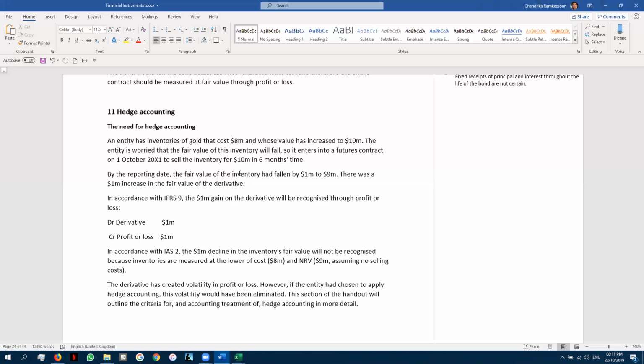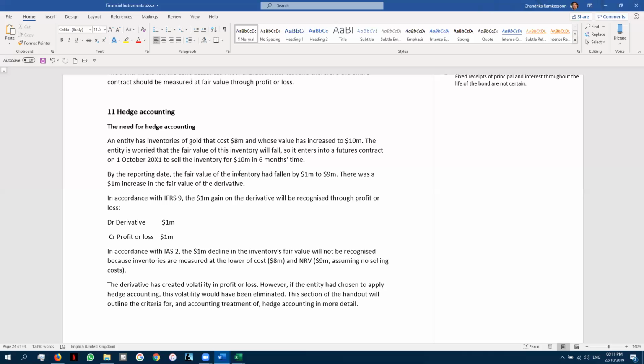But what we are dealing with here is hedge accounting. Now this takes it a bit further. One thing I'll tell you though, if hedge accounting is applied, it may actually go outside the scope of certain standards, as you will see shortly in an example, which is why hedge accounting is not mandatory.